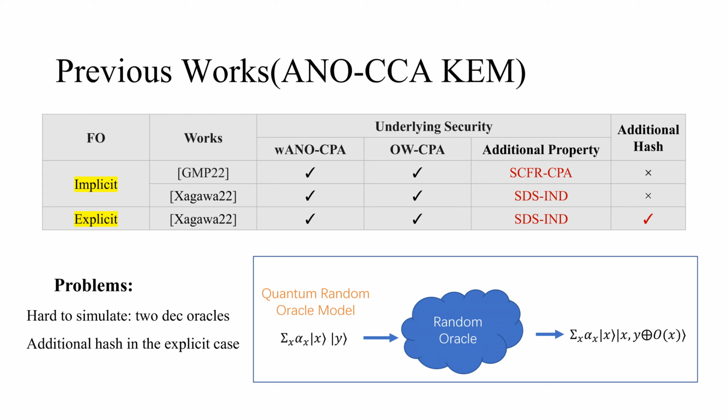For the implicit case, the remapping technique in combination with the domain separation technique is commonly employed to address the simulation of decapsulation oracles in the QROM. Precisely, 2 independent internal random oracles are required to simulate 2 decapsulation oracles, and imperfect simulation occurs if the 2 decapsulation oracles need to respond with the same key.